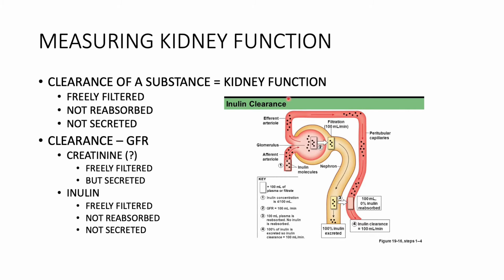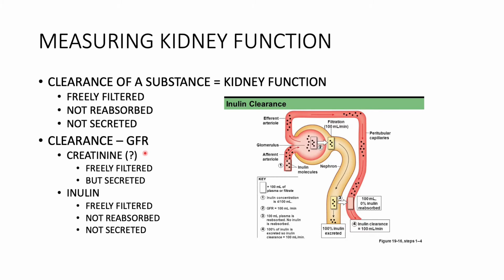So when all of these characteristics are fulfilled, we can estimate kidney function by the clearance of that substance, because when all of these are fulfilled, clearance will be equal to GFR, or glomerular filtration rate.